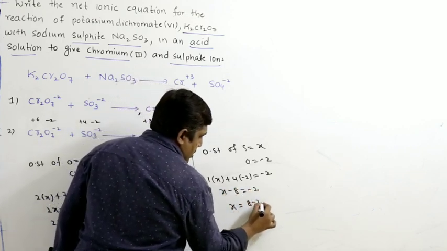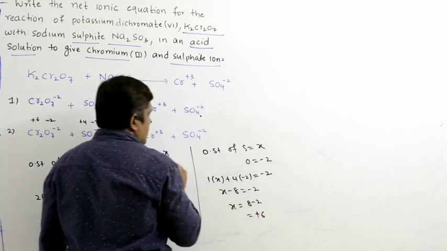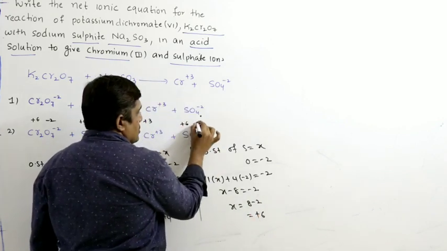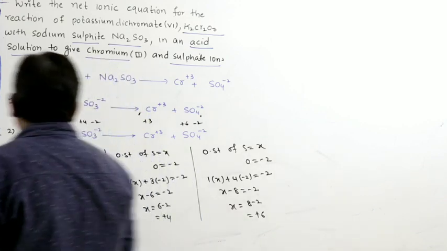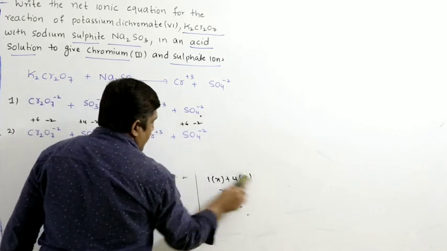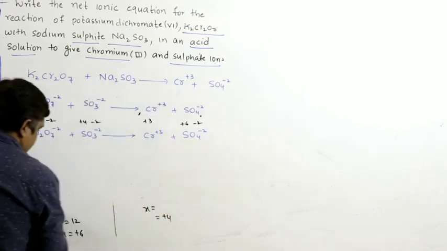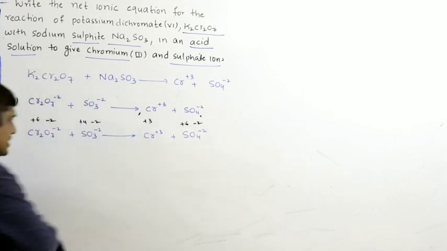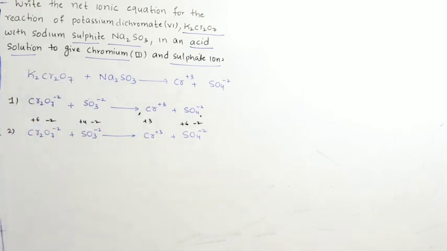X - 8 equals -2, X equals 8 - 2, that is +6. So sulfur is +6, oxygen is -2. So assign the oxidation state of all atoms. Then identify the species which undergoes oxidation and reduction.